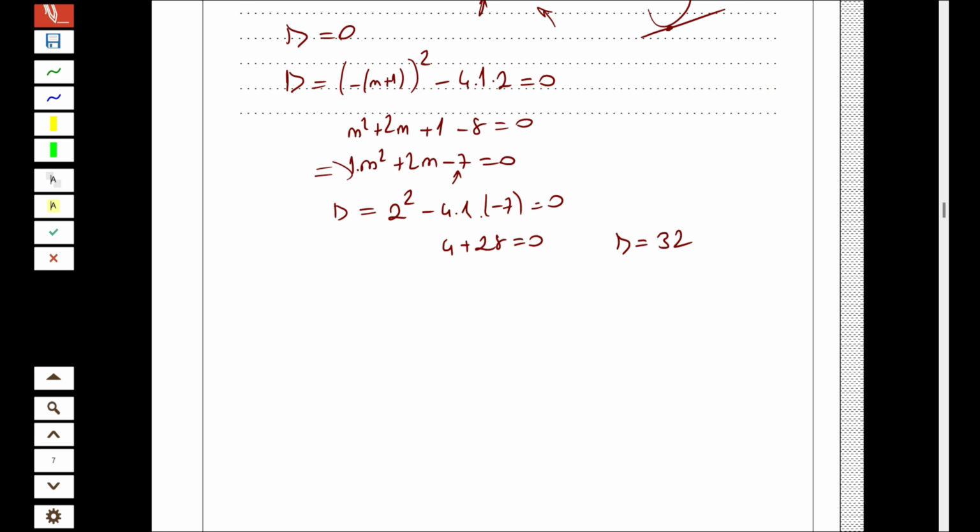From here you can write m1 equals minus 2 plus square root of 32 over 2. This is the coefficient of m, and this one is 2 times the leading coefficient. And the other root will be minus 2 minus square root of 32 over 2, right?